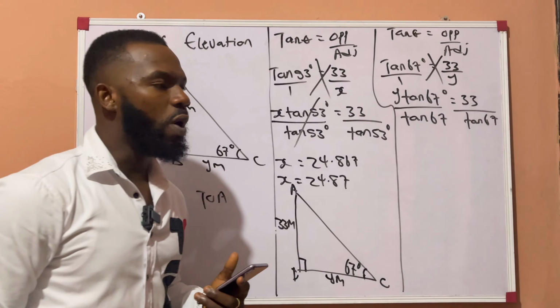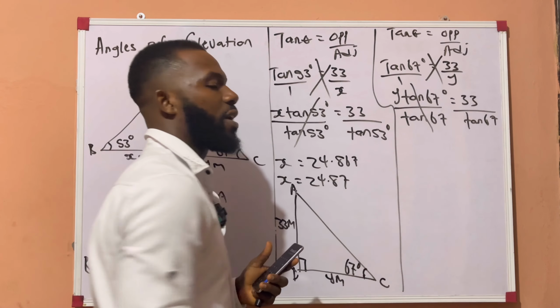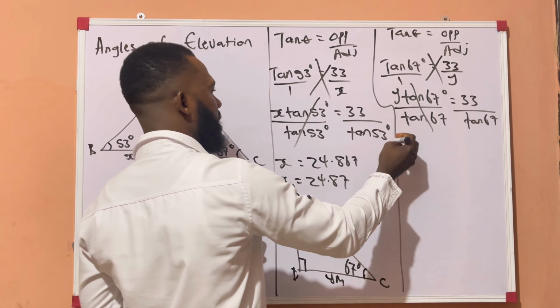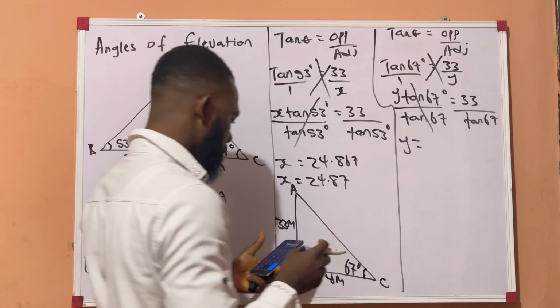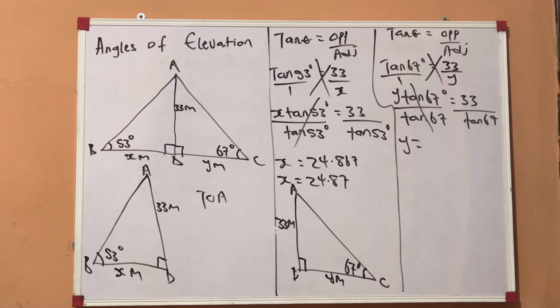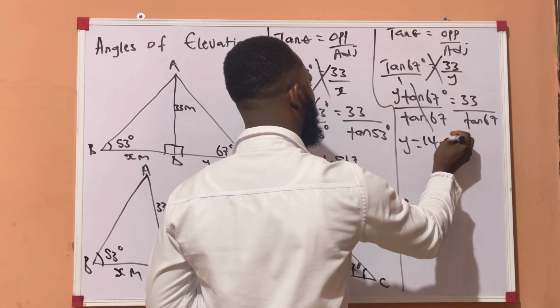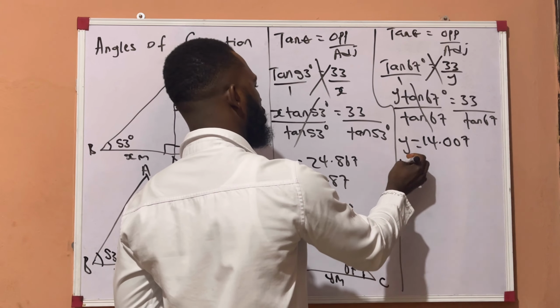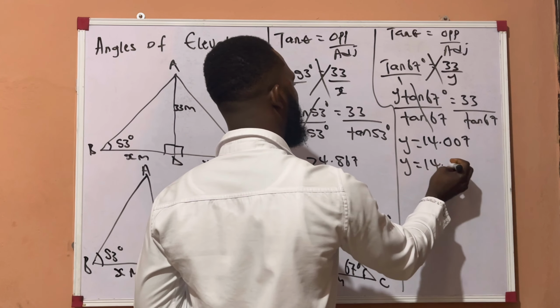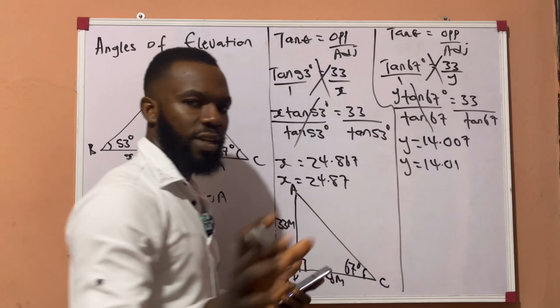When we do that, tan 67 degrees cancels out tan 67 degrees, and we have y equal to 33 divided by tan 67, which gives us 14.007, which also means 14.01 to 2 decimal places.